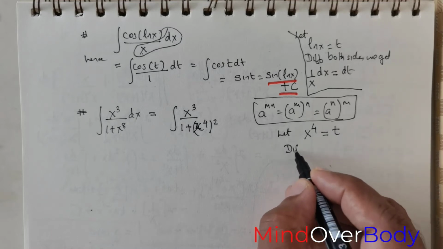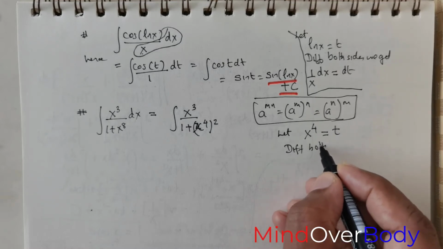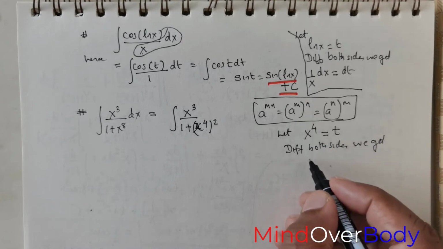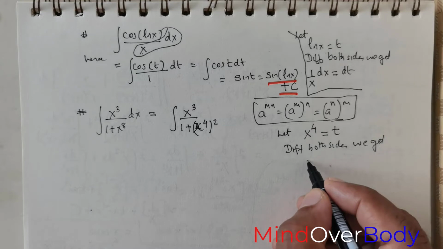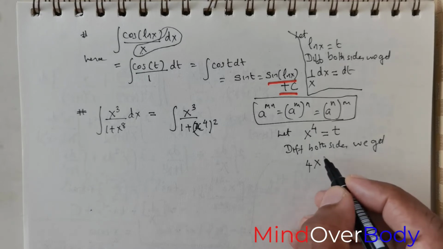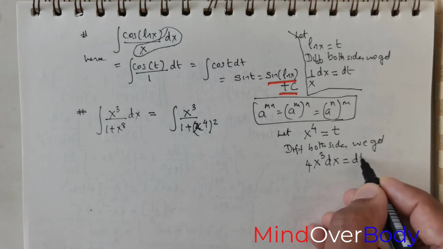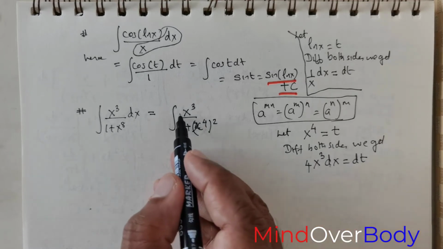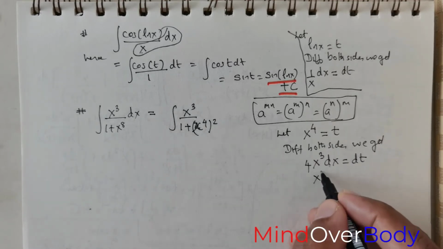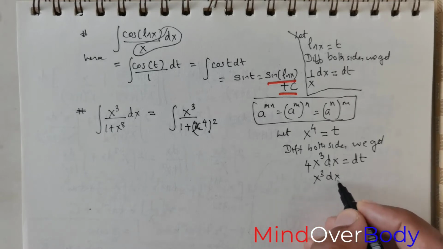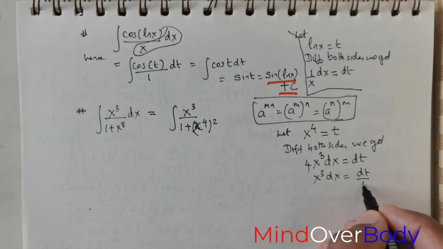Now differentiating both sides, we get, so what do we get when we differentiate x raised to the power of 4? This is going to be 4 times x raised to the power of 3 times the differential operator dx. There isn't any 4 over here, so I'm going to push the 4 down. So this is going to be x raised to the power of 3 times dx is equal to dt over 4.